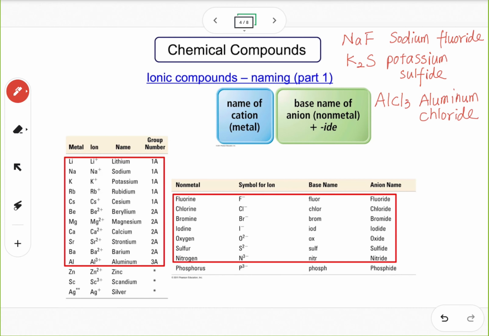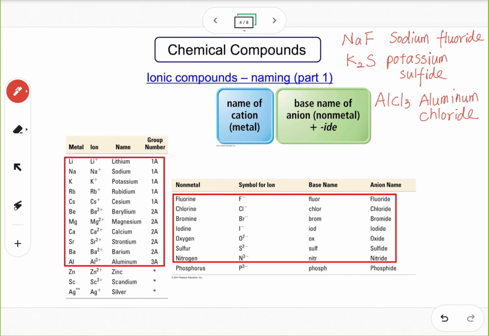One thing I do want to mention here is when you write the formula of the ionic compound, you have to consider the charge. Remember the second property of the ionic compound in the previous slide? The sum of the positive charges should be equal to the sum of the negative charges. This is exactly the same for aluminum chloride.